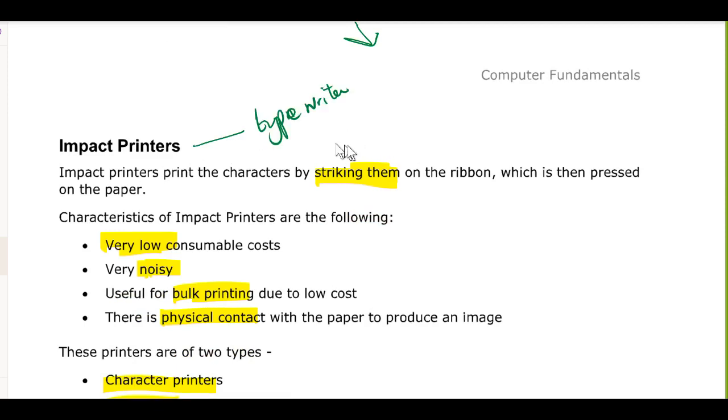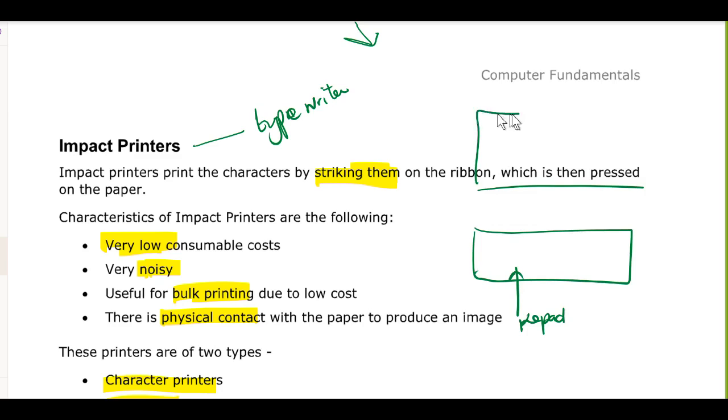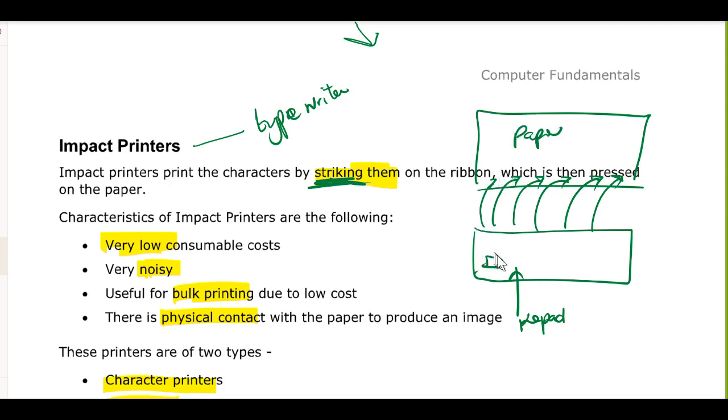When you are using a typewriter, you place a keypad here and a paper somewhere here, and each key has a connector, such that if you press an A, it would strike your paper with an A. So an A would be transferred from here, and you would strike your paper with A. You press a 7, you strike a 7 here. So the idea is striking. You are pressing your key manually or physically on your paper. That is the old type of typewriters.